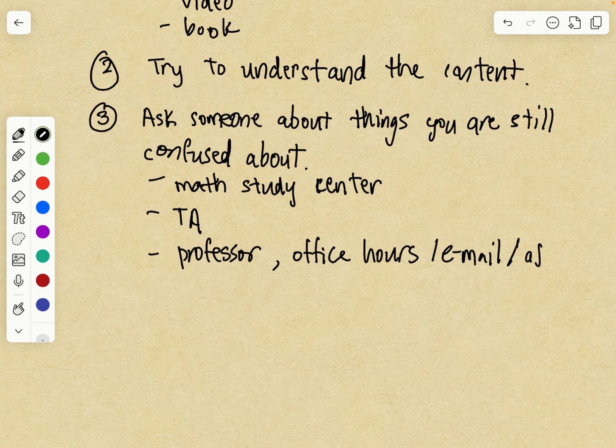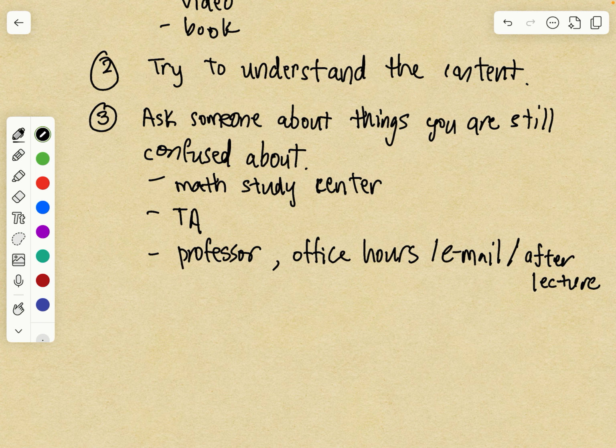So for instance, if you have some questions about the lecture, then maybe after the lecture is over, you can ask them if they have time. Some professors don't have time though. After one class, they have to go to the next class. They have something right after, so they don't have time to answer your question. So office hours might be the good way to go. And don't be hesitant to go seek help if you need it, because you probably will find some things confusing at some point.